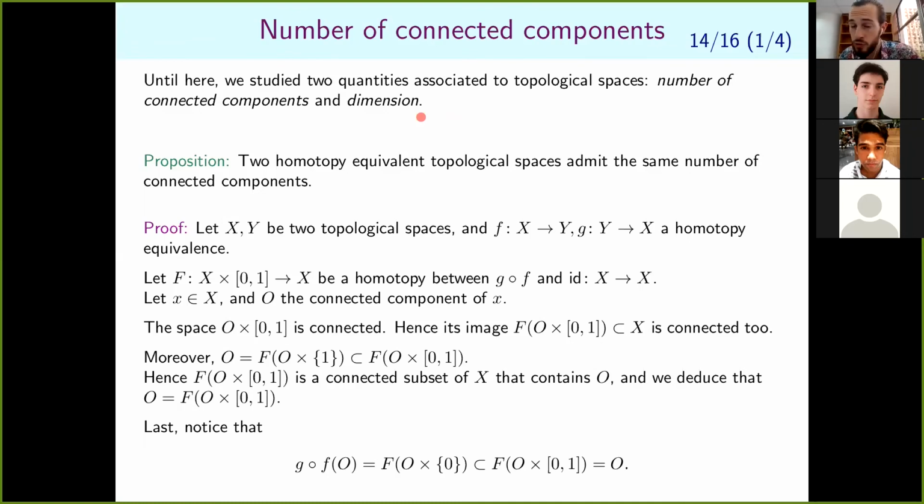And good news for us, the number of connected components is an invariant of homotopic equivalence. In other words, if I have 2 homotopy equivalent topological spaces, then they share the same number of connected components.